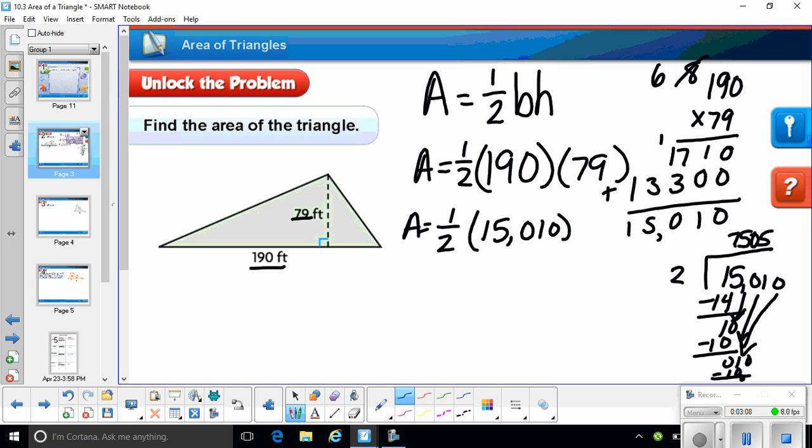And so my answer, or the area, would be 7,505. And my unit is feet, and since I multiplied feet by feet, I would make that squared.